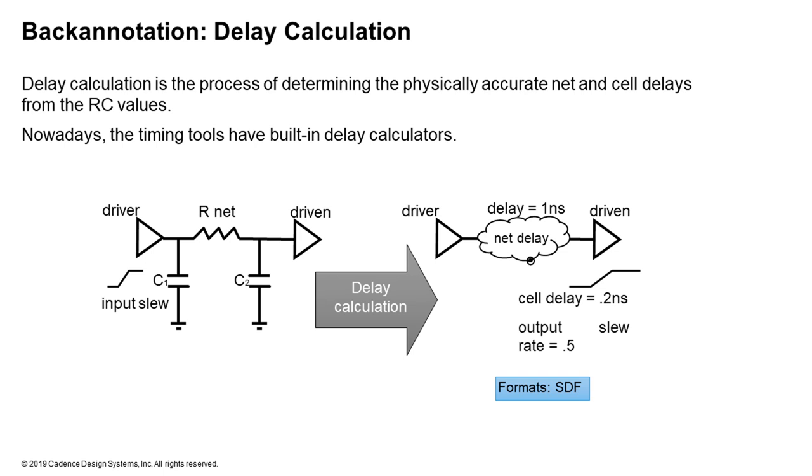Either way, those net delays are calculated, and so delay calculation plays an important part in your whole back annotation process, and the accuracy of your net delays depends on both the extraction tools as well as the delay calculation mechanism that is being used.